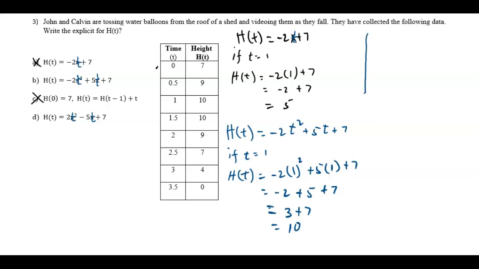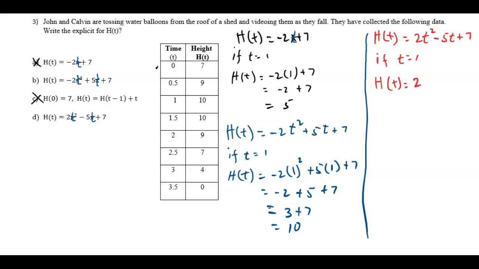If we have h of t equal 2t squared minus 5t plus 7, so if t equal 1, then h of t equal 2 times 1 squared minus 5 times 1 plus 7.